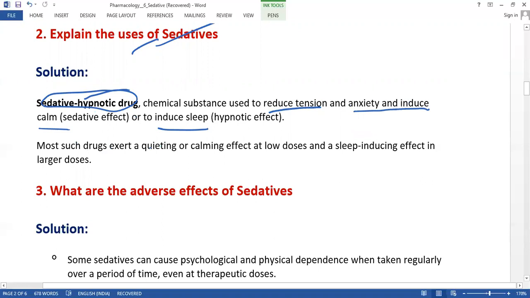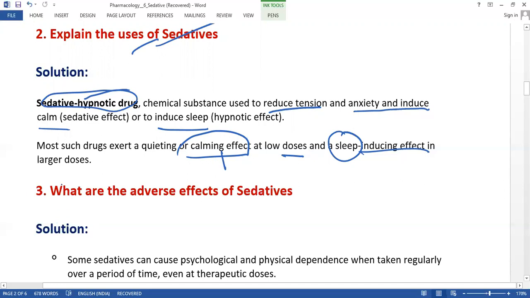Most of the drugs exert a quieting or calming effect at low dosage, and a sleep-inducing effect at a larger dose. It means the patient takes a larger dose to get sleep, and a smaller dose to get the calming effect.